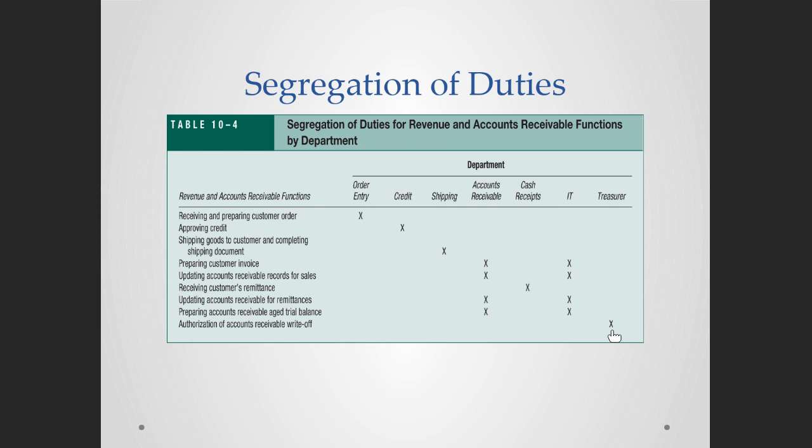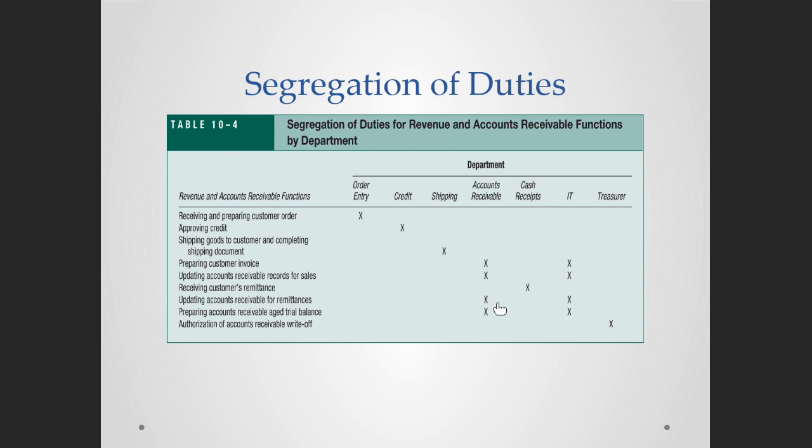There's a lot of information here, and you should study this very closely and try to understand and remember. We're going to talk about how this will come into play. If you know that the cash receipts department should handle receiving the cash and the accounts receivable department should record the entry, and you come to the client's accounting department and find the same person is receiving the cash and recording the entry, that means there is a problem with internal control.